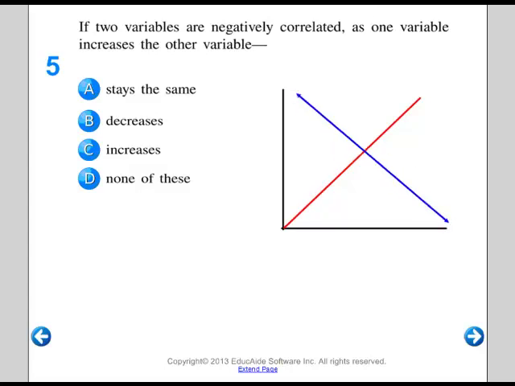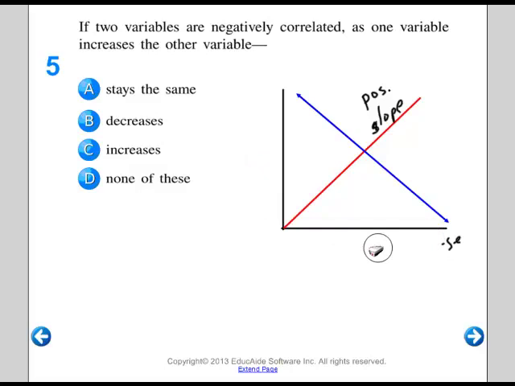So let's investigate these two. Let's investigate the positive slope right here. As this x is increasing, it's going to the right. This y is increasing.